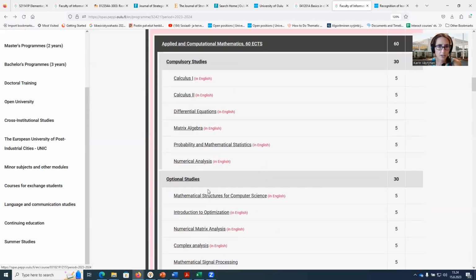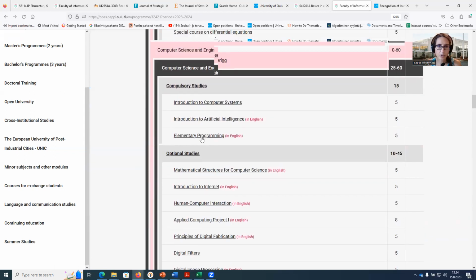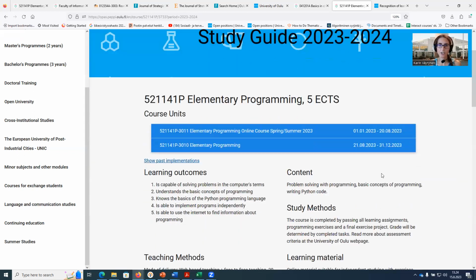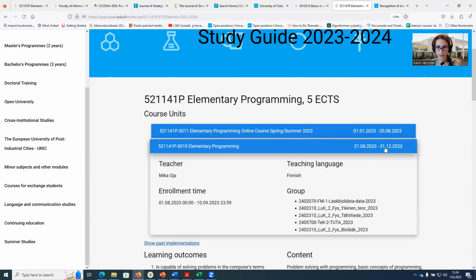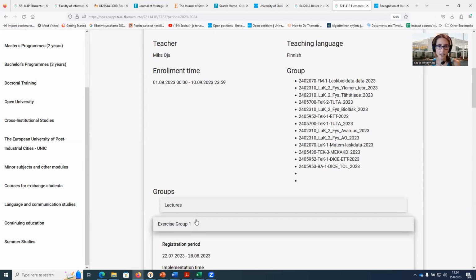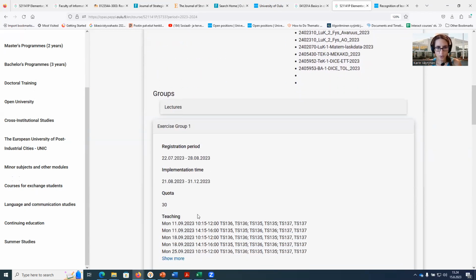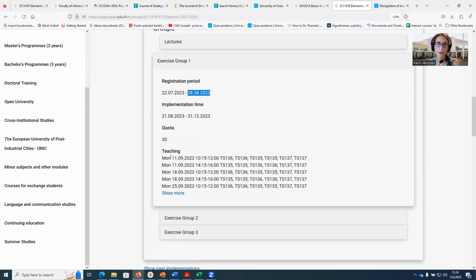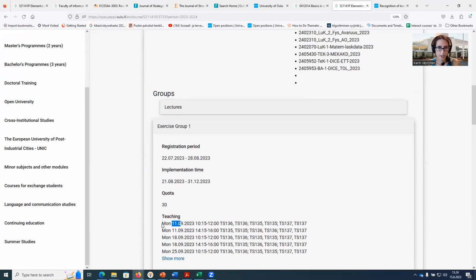Let's see, then there was a course, I think, Elementary Programming, of which one implementation is held from 21st of August to 31st of December, so during periods 1 and 2. Registration is possible until the 28th. The first teaching event, exercises, is on the 11th of September.